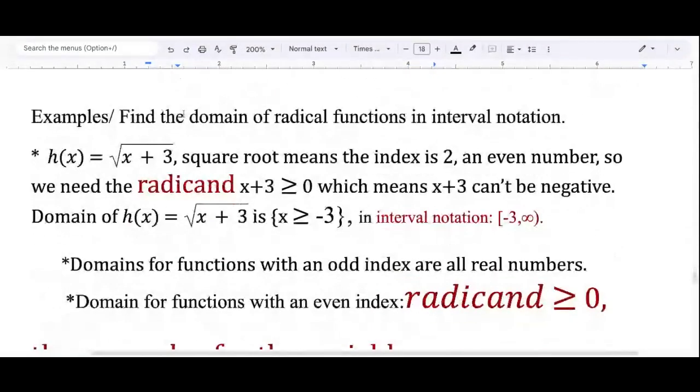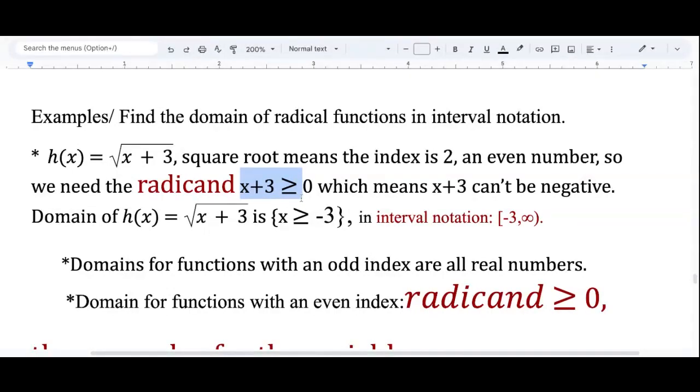Let's see this example. We want to find the domain of this function, right? So how do we find the domain? This is a square root sign. The index is 2. Index 2 means the radicand x plus 3 has to be at least 0. Or we write it like this: x plus 3 greater than or equal to 0.